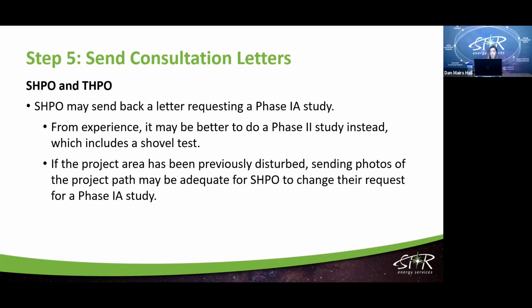If there's actually a known site, for example, up north, there's a bunch of lakes that have sites nearby, but if it's a really populated lake and there's like driveway after driveway after driveway, mailbox, if you were to take a little street view photo along there, you could hopefully prove to SHPO that this ground has been previously disturbed, that there should not be an issue. And sometimes that'll prevent them from requesting that phase 1A.